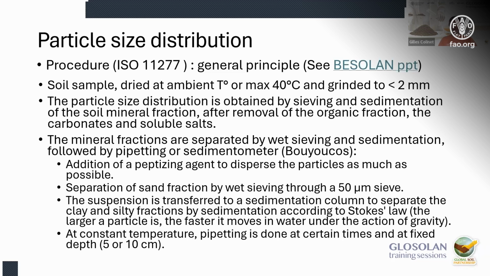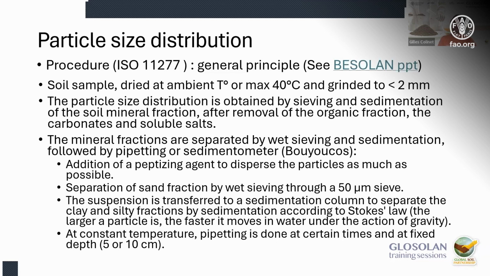I put also a reference to the sedimentometer method, which is Bouyoukos. I will just show some images of it. It's an alternative method, but it's not very used in the publications. So the idea is that you make a wet sieving.